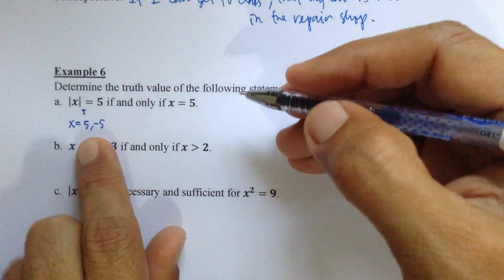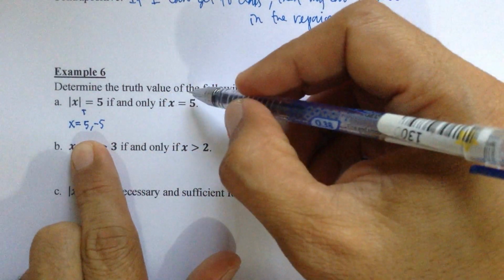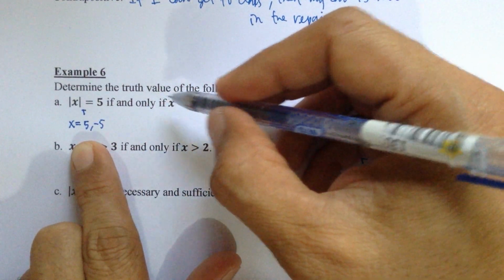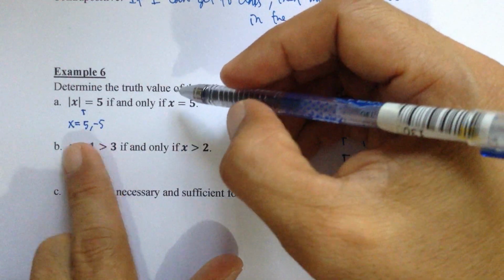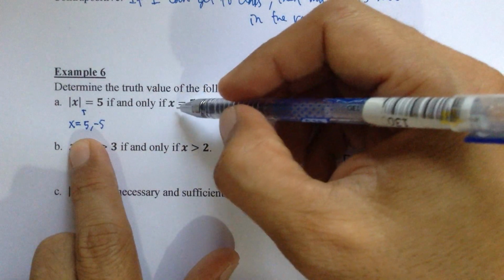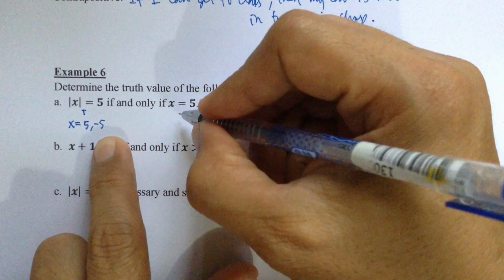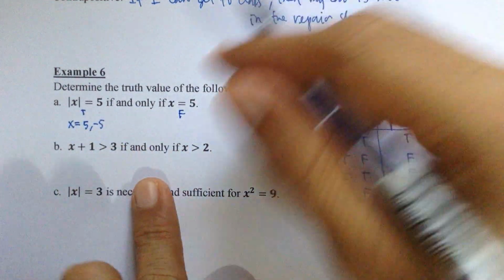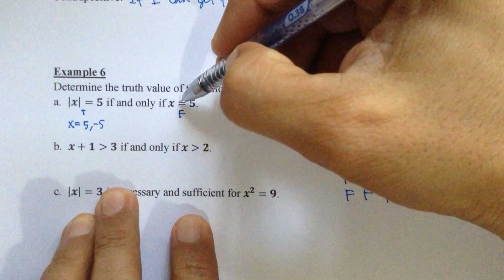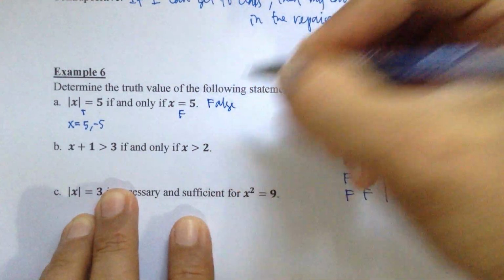But the question is, is this true when this is true? If x is equal to 5, then this is true. But what if your x is negative 5? Then this is false. In other words, you have a case where the truth values of your P and Q are different. Therefore, this is false.